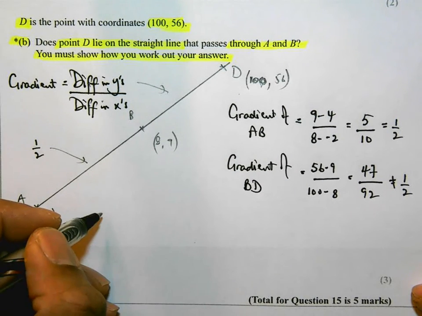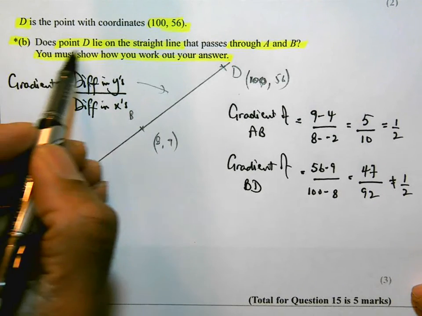Remember, the question is, does the point D lie on a straight line that passes through A and B?